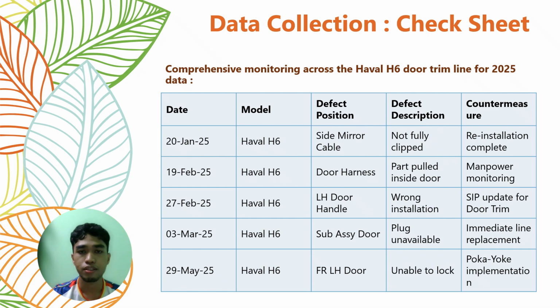For the data collection check sheet, this is the monitoring that I mentioned earlier. You can see the first one is the side mirror cable, and the last one is the front left door handle unable to lock.